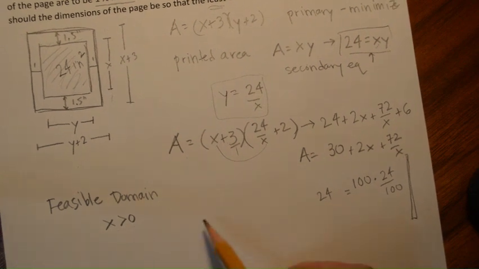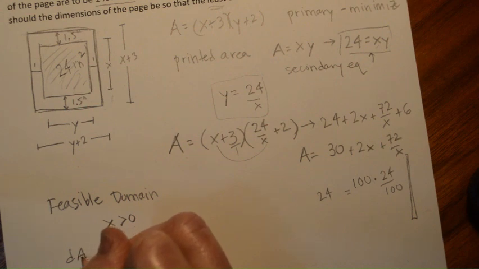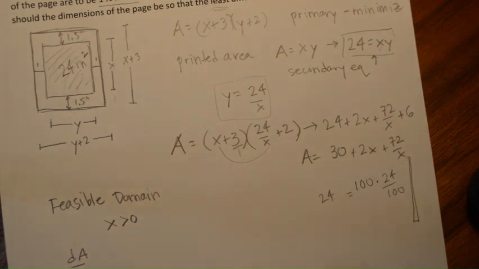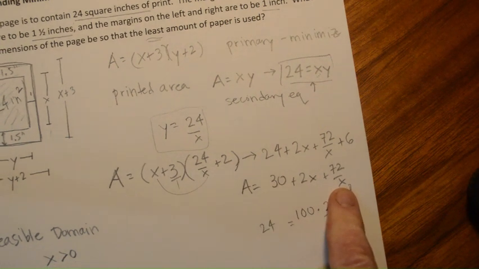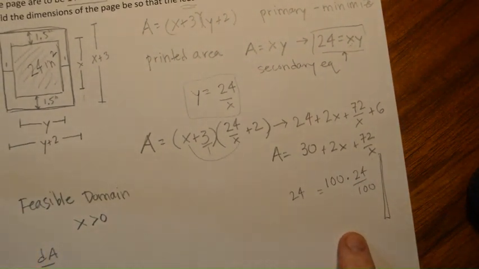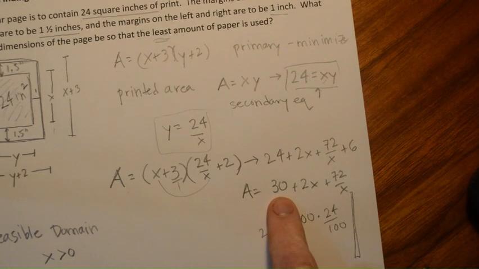All right, so then after that, we're going to take the derivative of A. So dA/dx, again, I'm saying I'm going to take the derivative, and because the function is in terms of x, it's the derivative of the area function with respect to x, which is our variable. All right, so when we take the derivative of this, 30, taking the derivative of that just gives us 0.